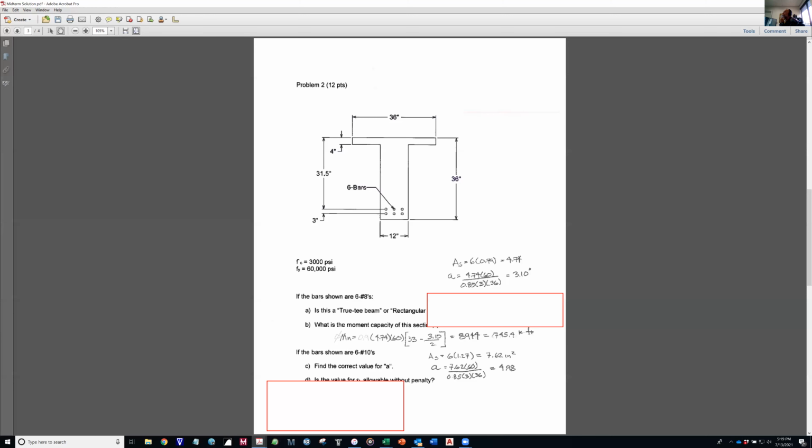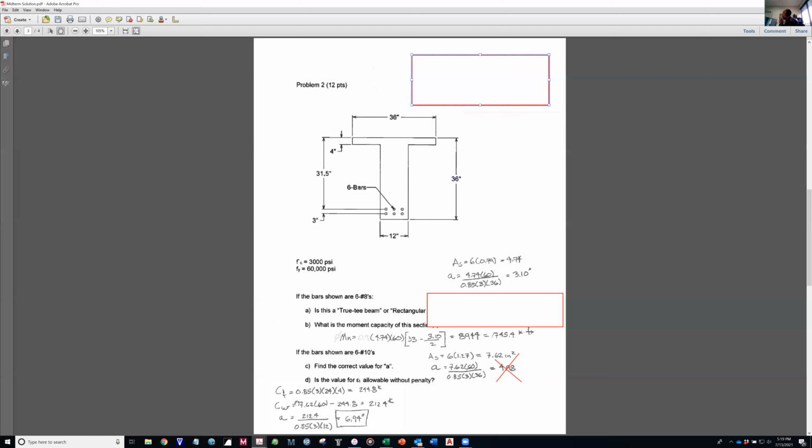Therefore, that number is no longer applicable. Once you know that this is a true T-beam, because this is greater than the flange thickness, then you abandon this number forever, and you have to calculate what the force in the flange is.